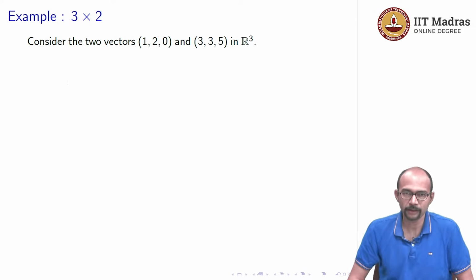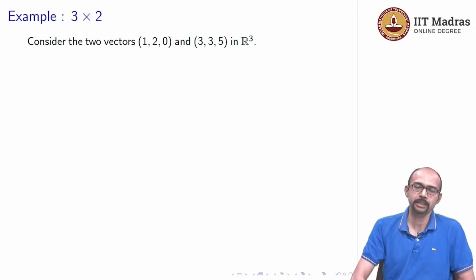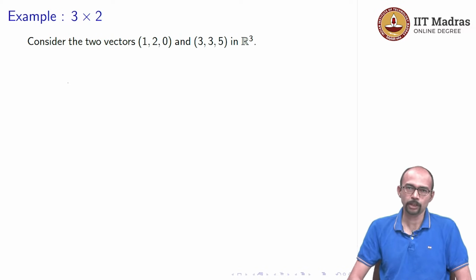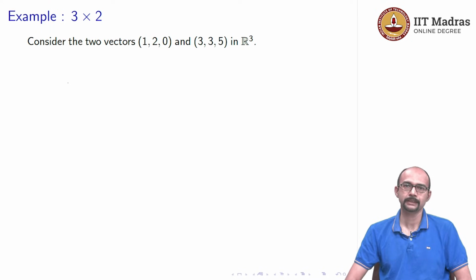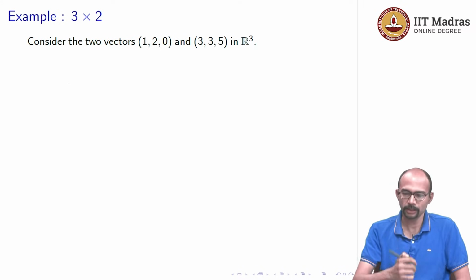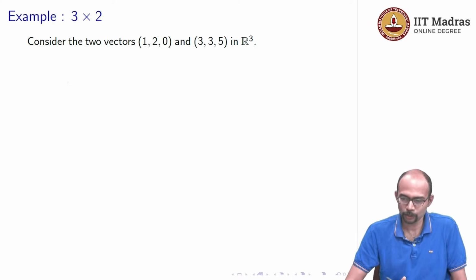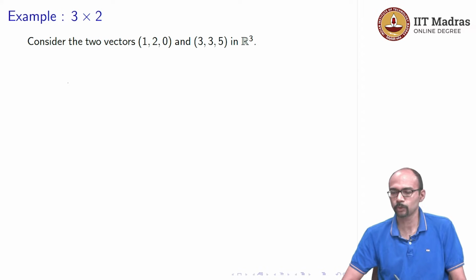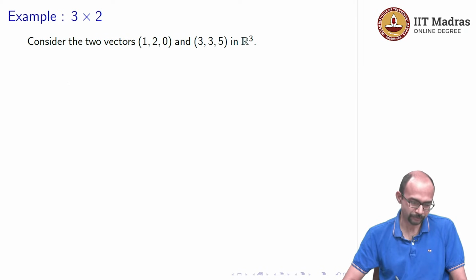So, in general, if you have an m by n matrix, that means you have n columns corresponding to n vectors, and the size of the vectors is m, which means they are in Rm. We studied this a few slides ago. Okay. So, you have these two vectors (1, 2, 0) and (3, 3, 5).